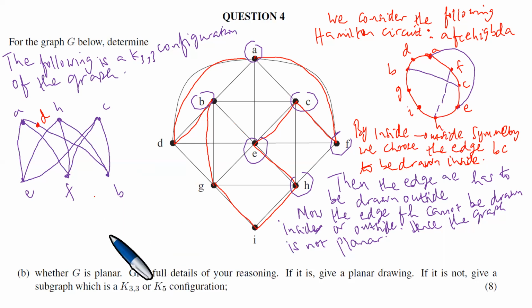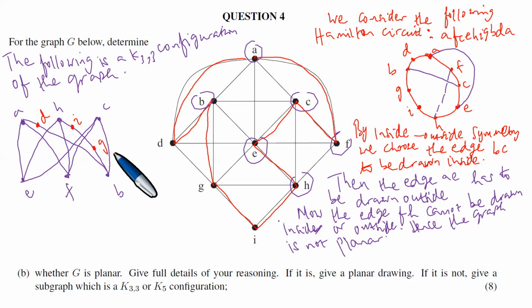So you can put I here. And then you can put G here, like this. So this one is the K33 configuration that has been drawn.